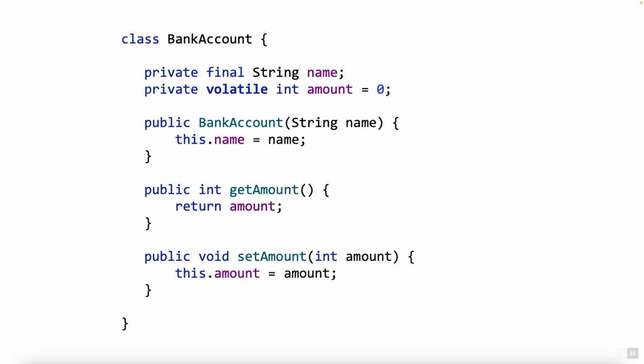So on the screen now, you see that we removed the synchronized keyword for the getter and setter methods because no mutual exclusion is required over here. We use volatile for the member variable. The volatile keyword guarantees that any thread reading the value will see the latest change. But be extremely careful when using volatile because volatile does not give us mutual exclusion. It does give us visibility, but no mutual exclusion.